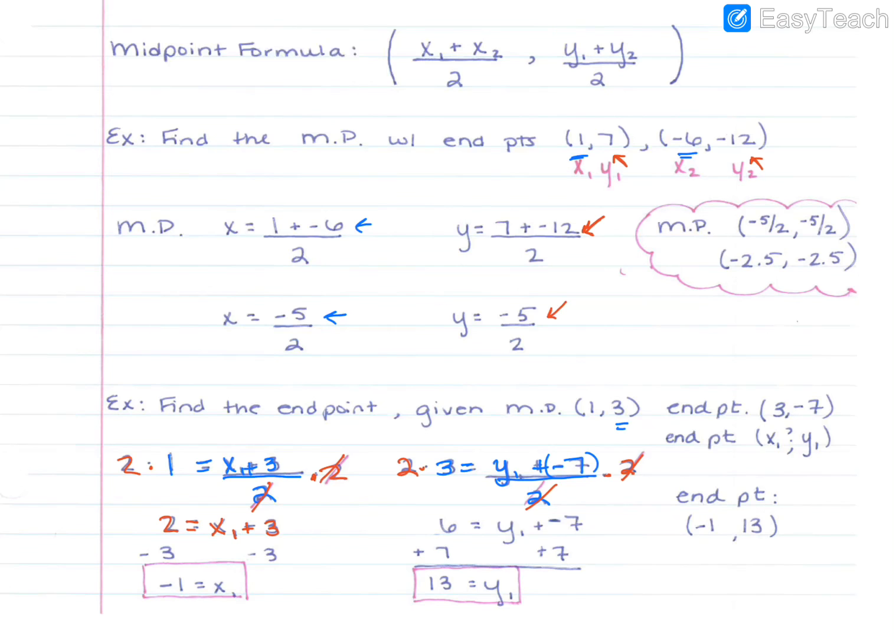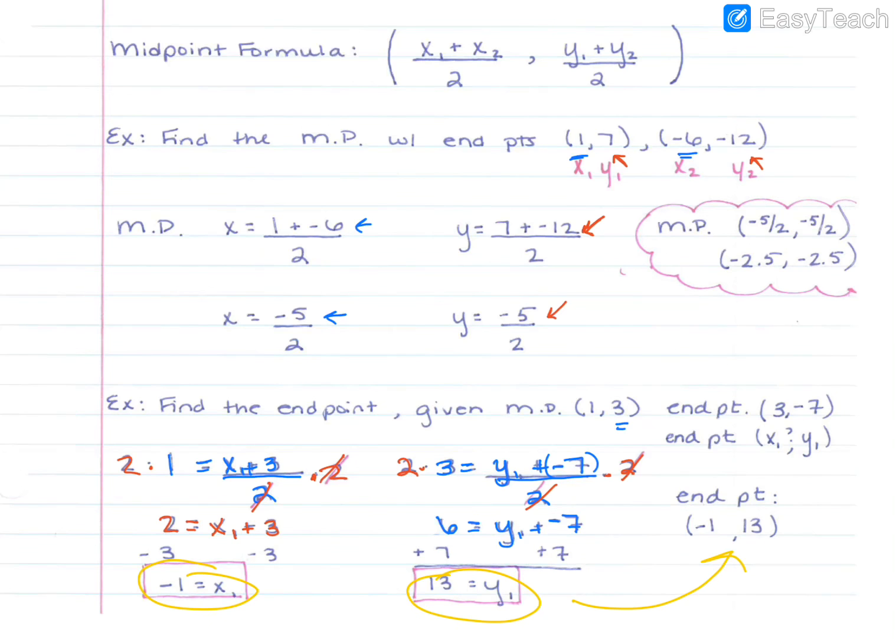On the left side, you're going to have 6 equals the top of your fraction here, which is y1 plus -7, or y1 minus 7. It doesn't matter how you write that. Since you want to undo the -7, you're going to add 7 to both sides. We get that y1 is 13. So then we take this information and write it as the endpoint.